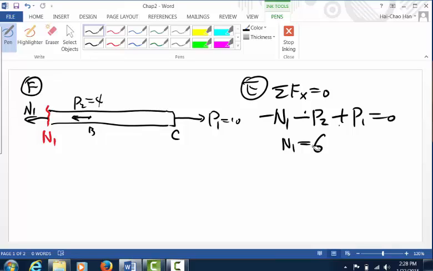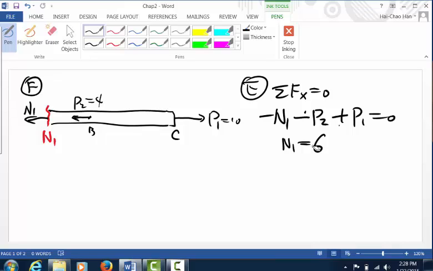So it's a positive tension. When I don't know it, I always assume it's tension. I just label it away from the surface. If I don't know what the value should be, before I make any judgment, I'll always assume it's positive, so it's always away from the surface. In this case, I assumed correct, and it actually gave me a positive 6. All right, so we find out N1.